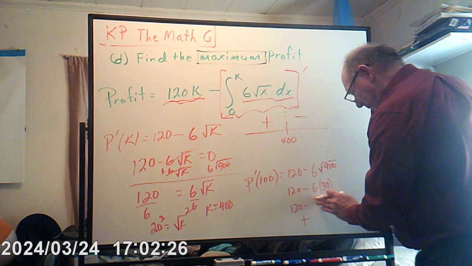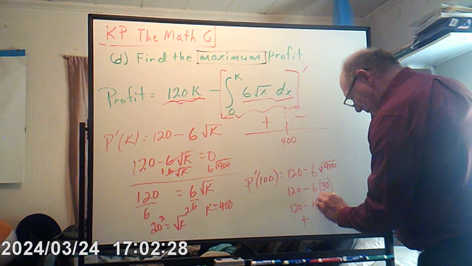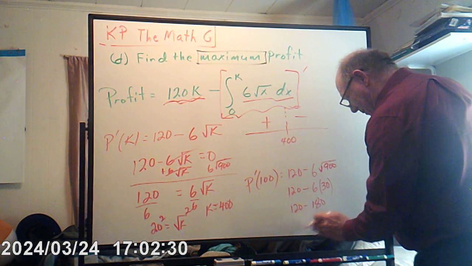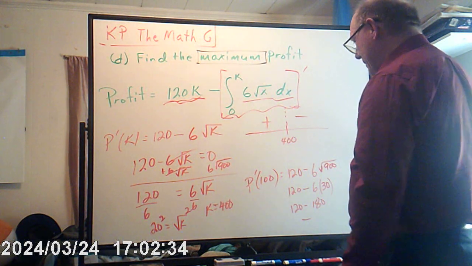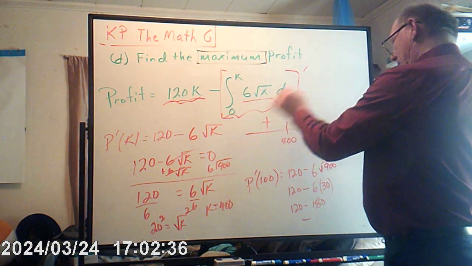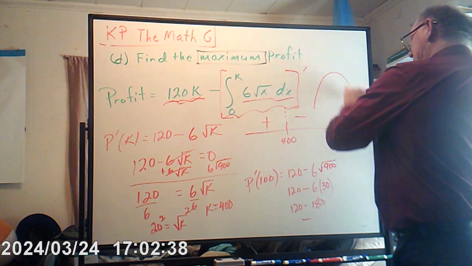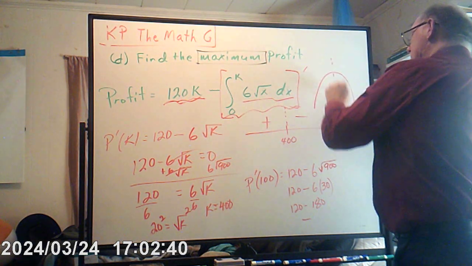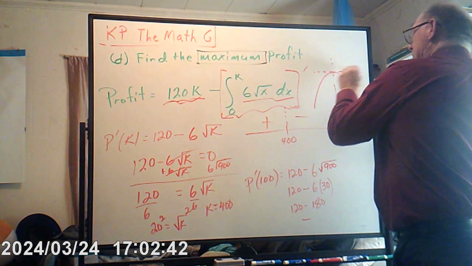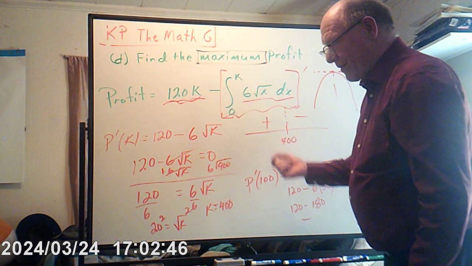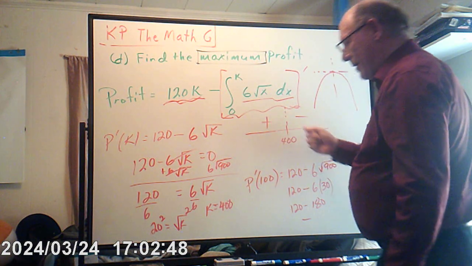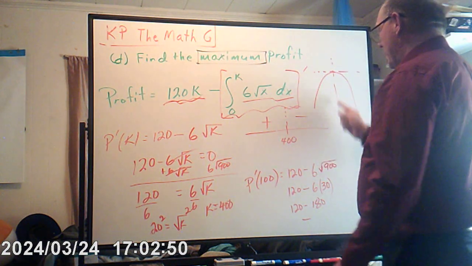And 6 times 30, that's 180. And this is going to give us a negative sign right here. 120 minus 180 is negative. So this is kind of like a max. If you think about a max, here's your height right here. It's not maximum height, but the maximum amount here of meters, 400.